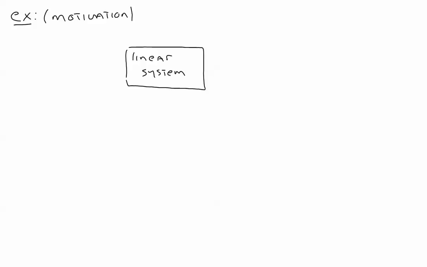And let's pretend that this linear system might have two inputs. And let's assume that my inputs have some randomness associated with it, shown here by random variables x and y. And we'll assume that my linear system has some output z, which is a function of x and y.